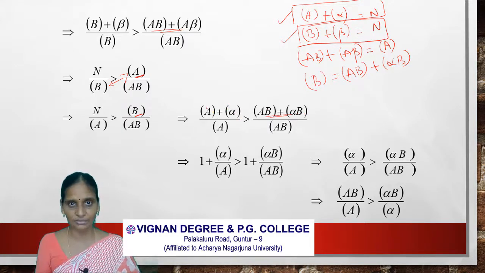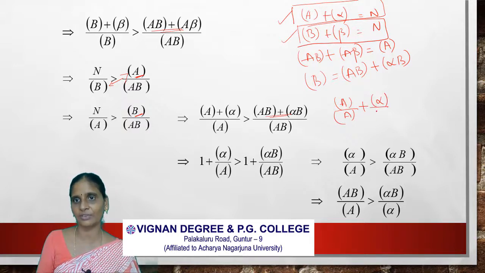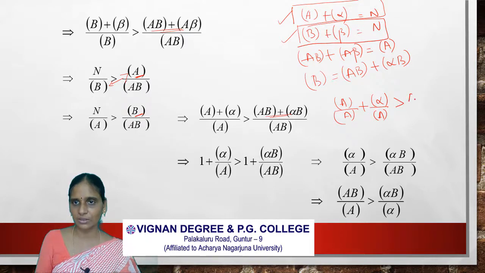We have to divide by frequency of A. In the left hand side, frequency of A plus frequency of alpha by frequency of A, which is greater than frequency of AB plus frequency of alpha B by frequency of AB.